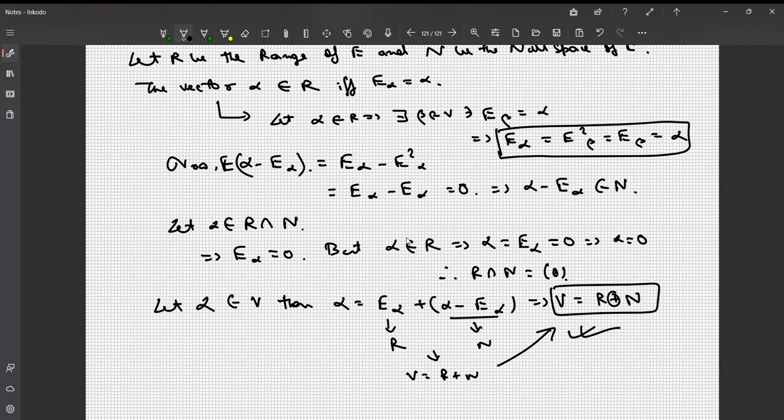One more thing to observe from here is that the range space and null space are subspaces of V, right? Because E is a linear operator, the range is a subspace of V itself.